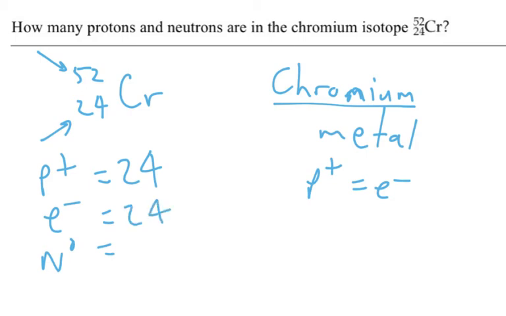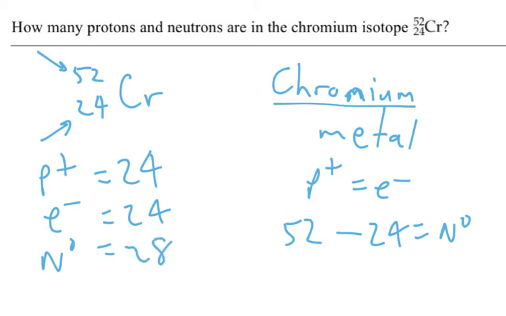To find the number of neutrons, remember that formula. Atomic mass minus atomic number gives you the number of neutrons. So the atomic mass or mass number is 52. 52 minus 24 will give us the number of neutrons. When you subtract, you get 28.